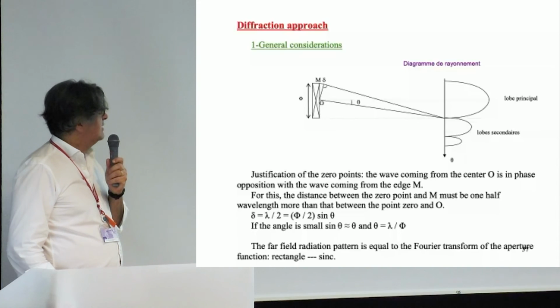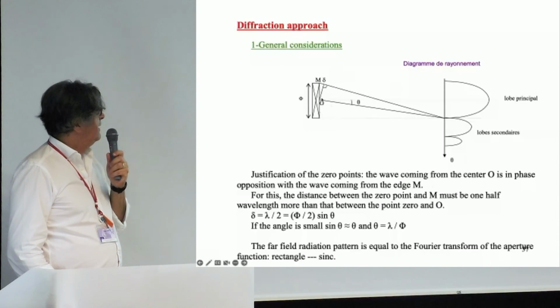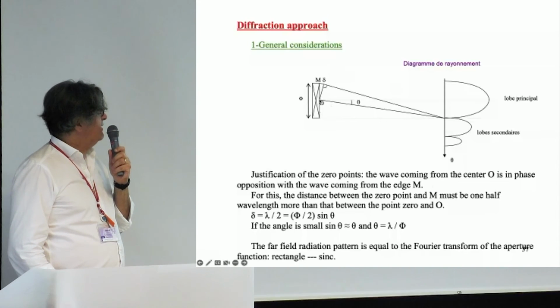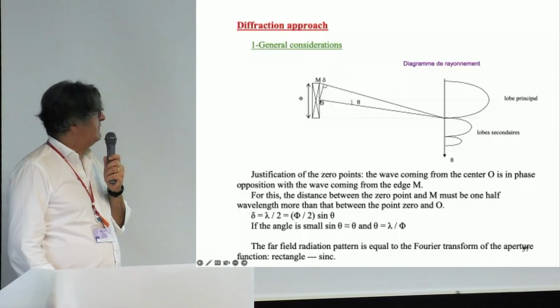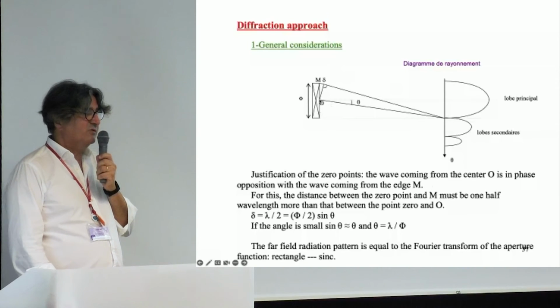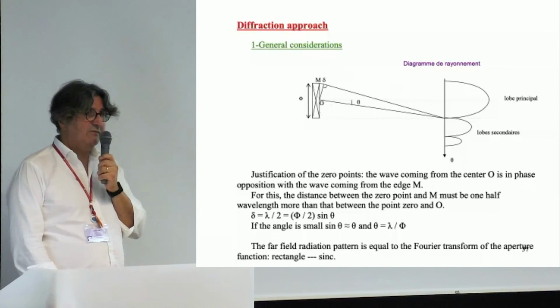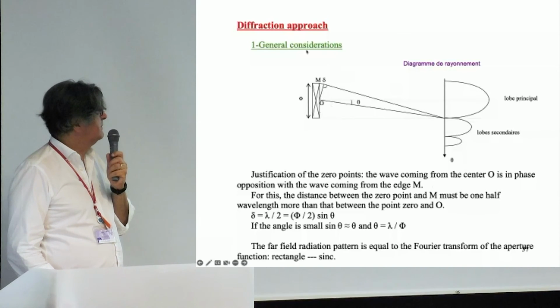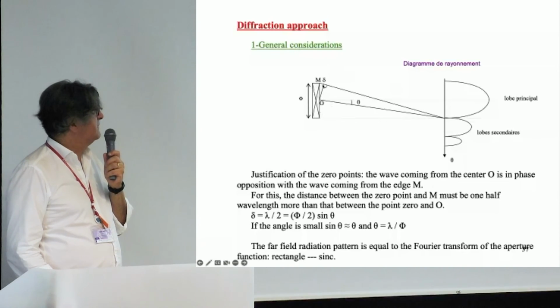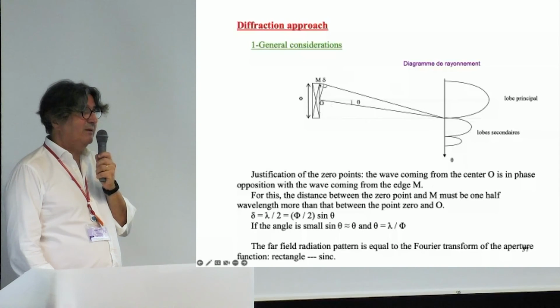Let's say, for instance, you have a transducer, and you have a wave that is emitted at the center of the transducer. And let's say you have a point on the edge of the transducer, and a wave emitted on the edge.